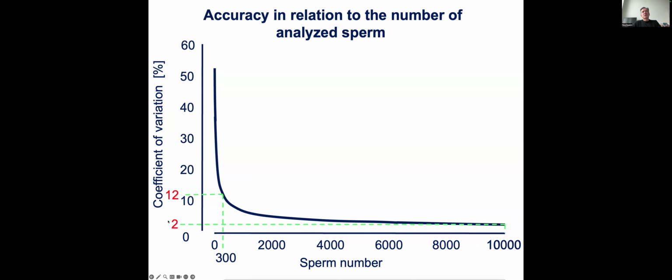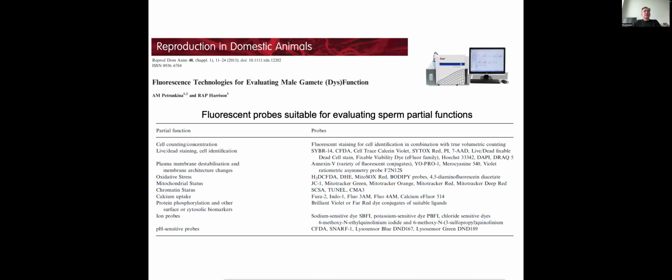But if you're doing it with 10,000, this variability is only 2%. So there's a tremendous increase in the accuracy of the measurement. And another good advantage of this method, the most important advantage, is that we have a lot of different fluorescence probes to examine the different characteristics of sperm.